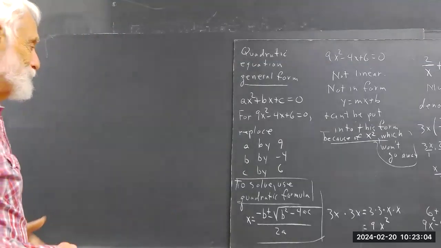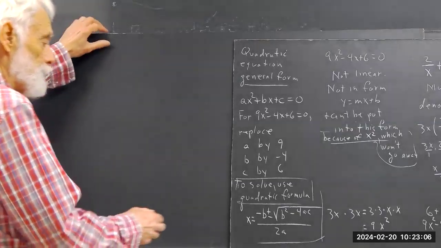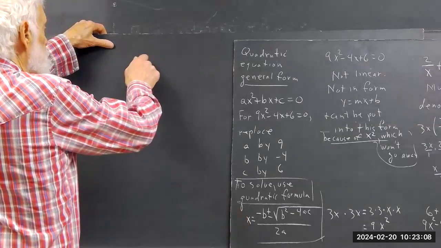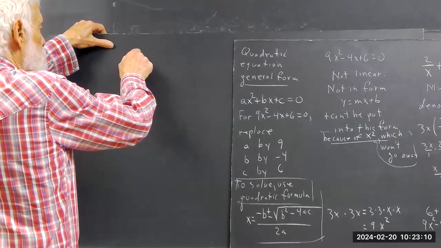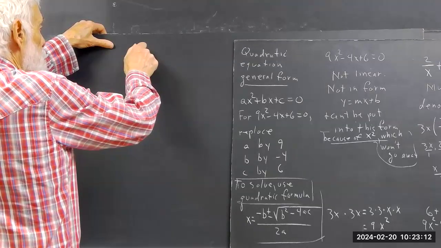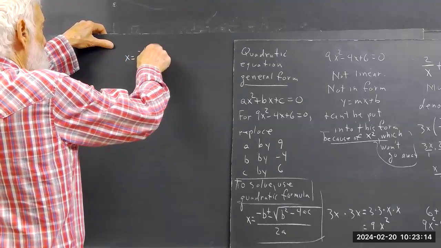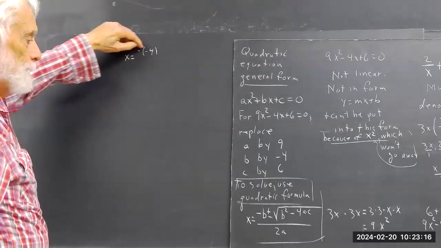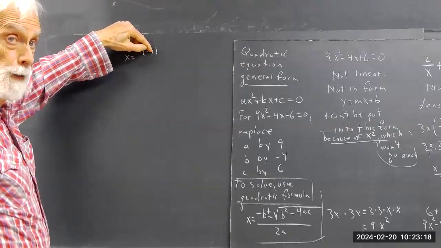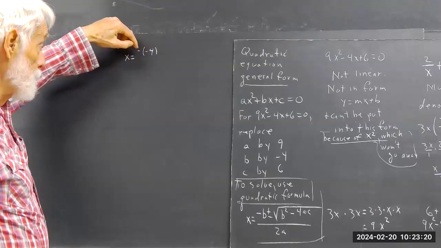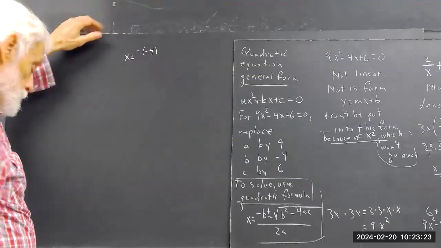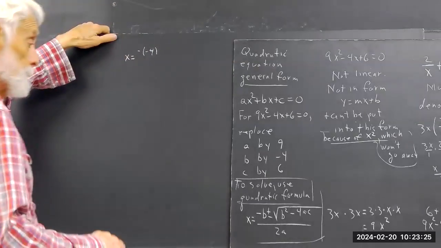There's a distinction. So if we do this, we get x equals the negative of -4. If you have the negative in front of the -4, you just have 4. There's a tendency to lose one of the negatives, and it's very important to get the negative correct.